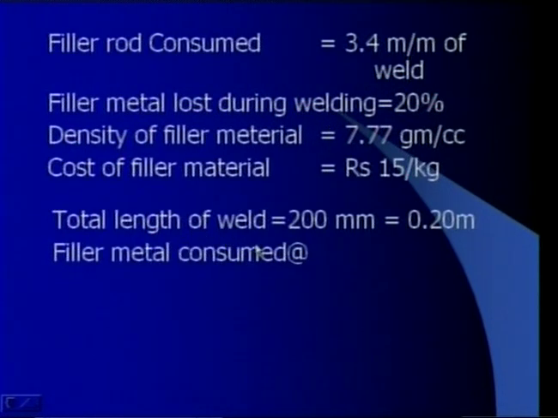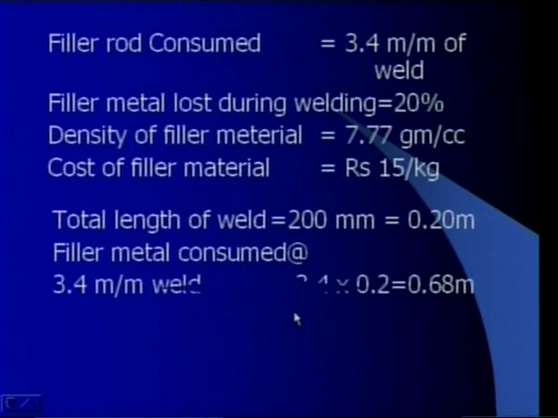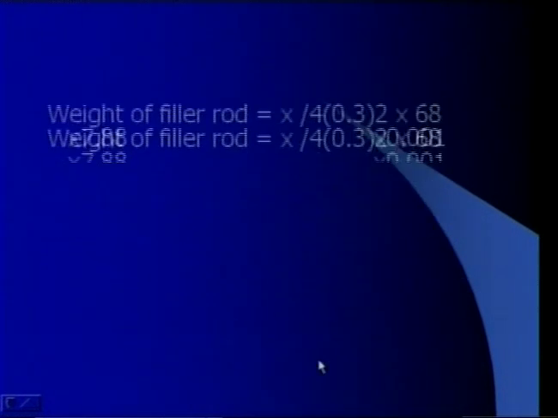In this one, we take the total length of the weld as 200 mm, that is along the length of the workpiece, that is 0.2 meters, and for filler material we take 3.4 into 0.2, which is 0.68 meters. Next, that is converted to 68 mm.